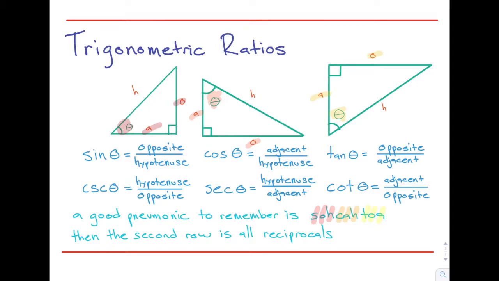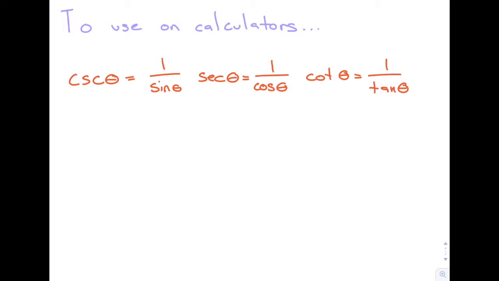So calculating the trigonometric ratios sine, cosine, and tangent are all easy to do on a calculator. Those 3 functions are typically built into the functionality of a calculator. However, cosecant, secant, and cotangent are not usually functions built into a calculator.